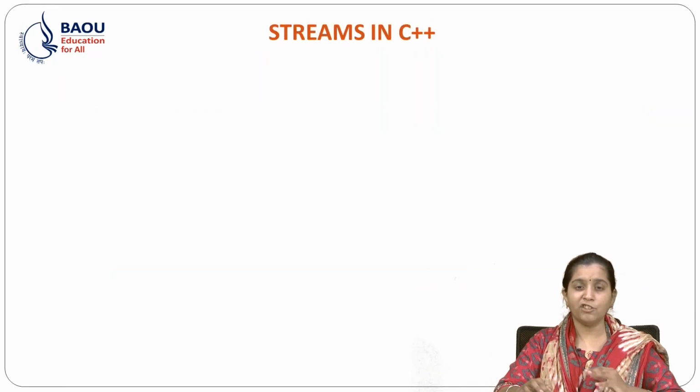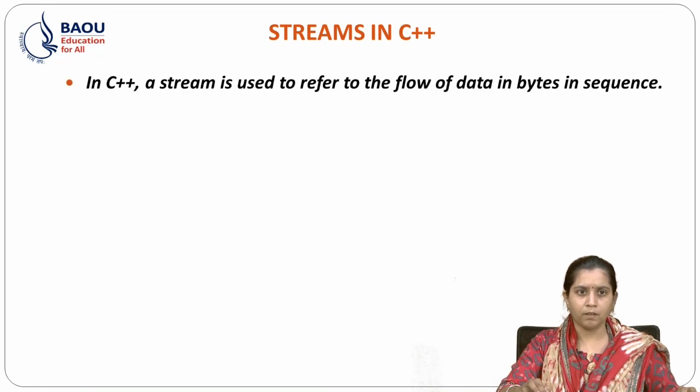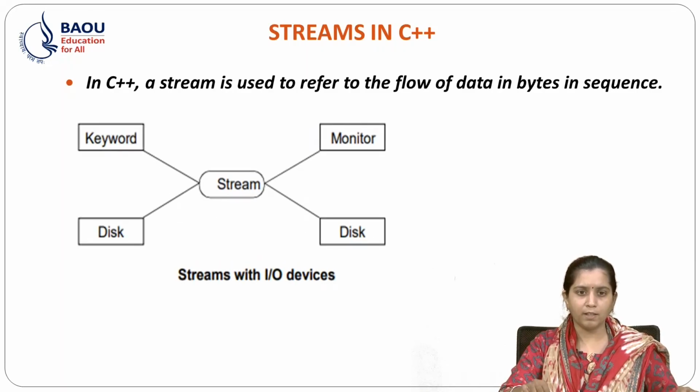Let's see streams in C++. In C++, a stream is used to refer to the flow of data in bytes in a sequence. For example, if data is received from input devices such as keyboard or disk, then from the input device in sequence, it is called a source stream.